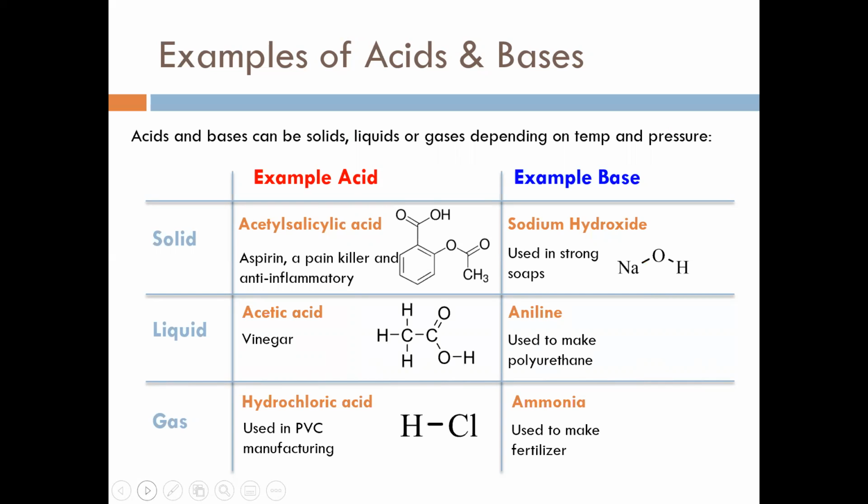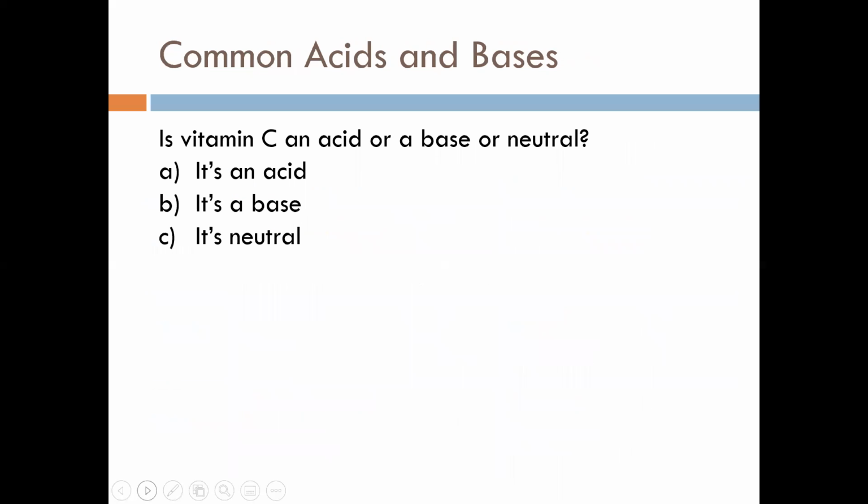And here are some structural formulas. An acid will have your hydrogen ions and the base will end up having your hydroxide ions, giving it its particular properties. Vitamin C is an acid. Vitamin C is also called acetic acid. And so that's an acid. Baking soda is a base. It's got a carbonate in it.